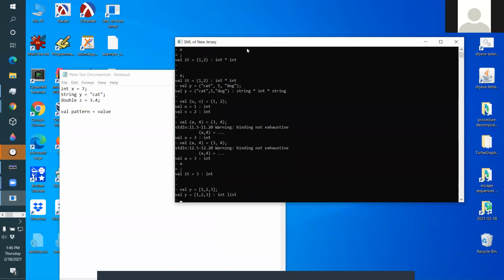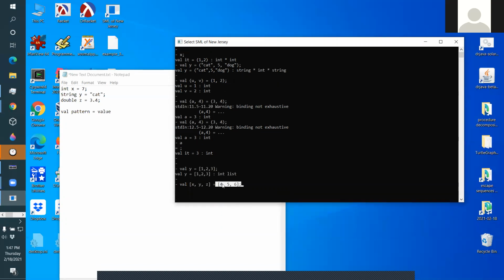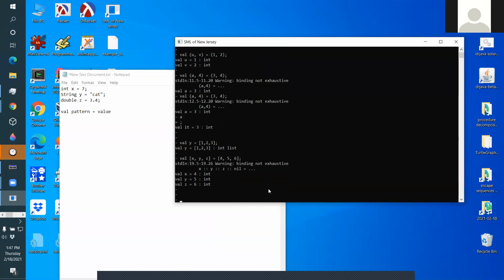Okay. But if I say something like val x, y, z equal 4, 5, 6, now I'm saying that that pattern should match that value. And if the pattern and the value match, then that is put in X, that is put in Y, and that is put in Z. Okay. Now I can screw up.